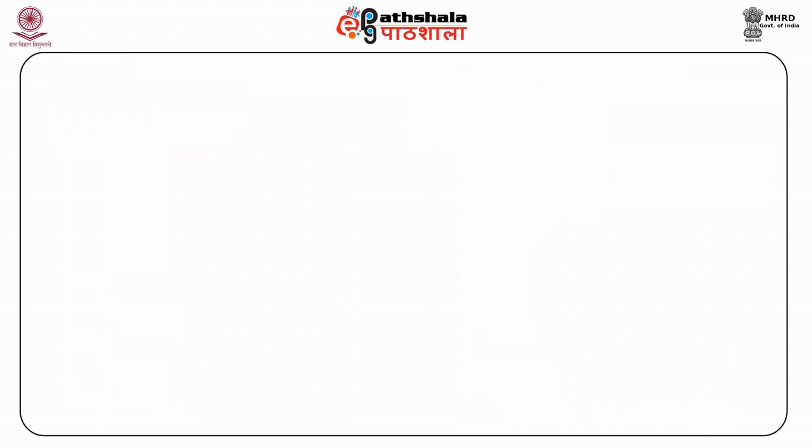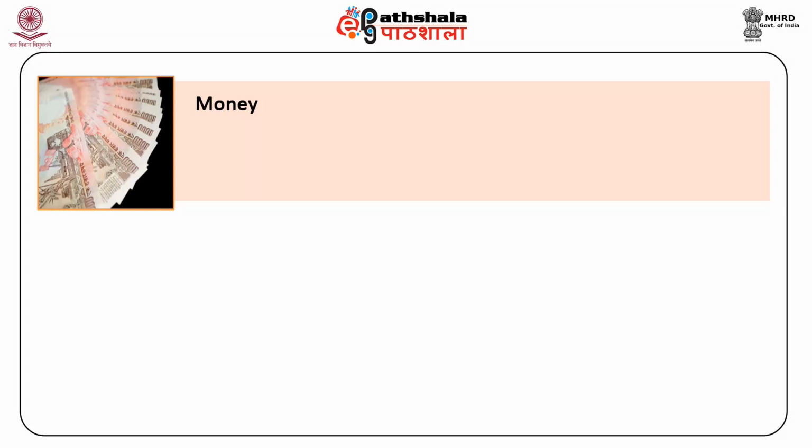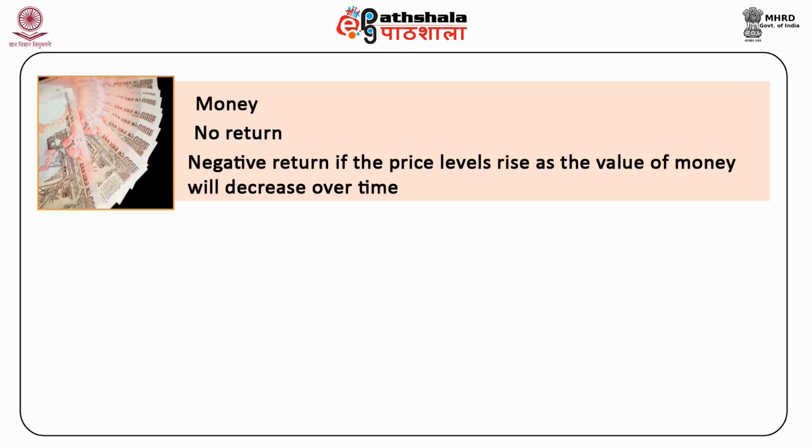So, if an individual holds his entire income in the form of money, he will not get any return. In fact, the return would be negative if the price levels are rising as the value of money will go down over time.